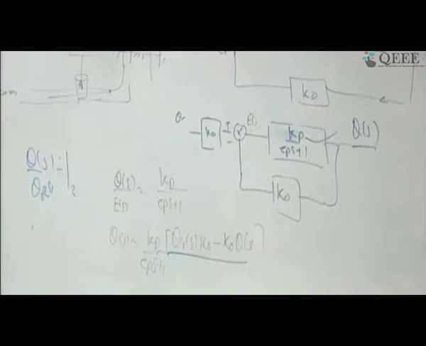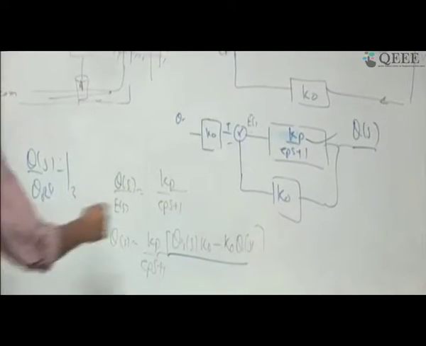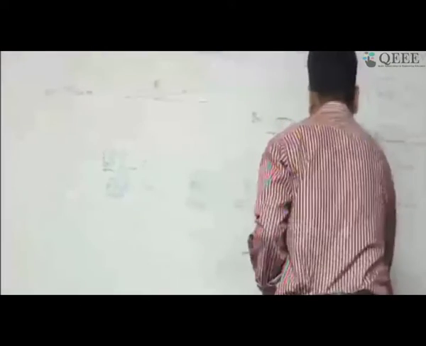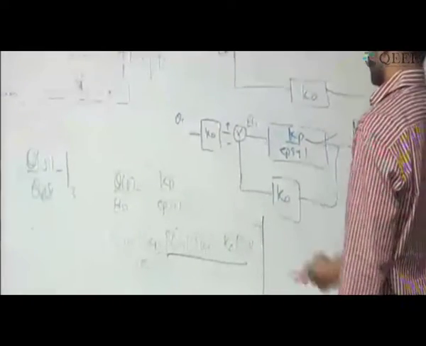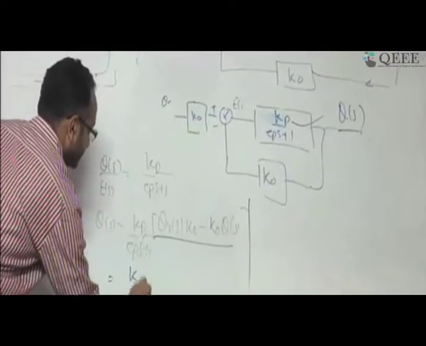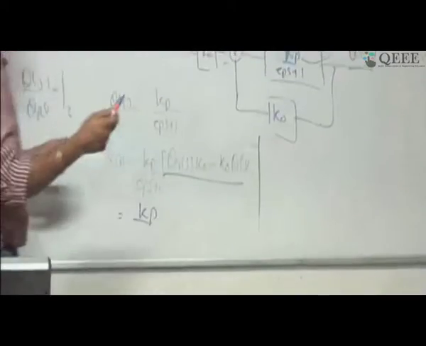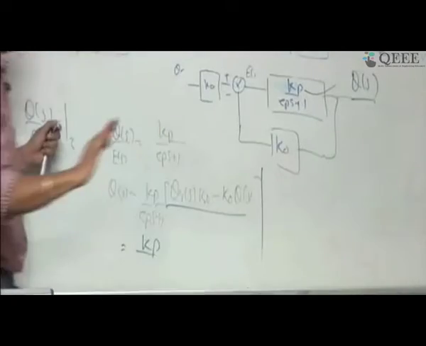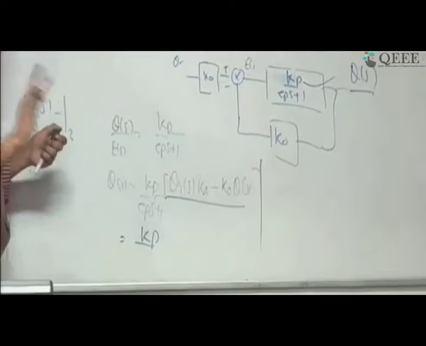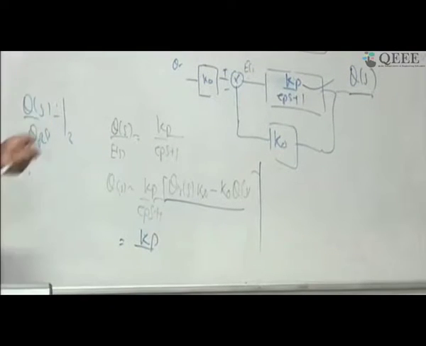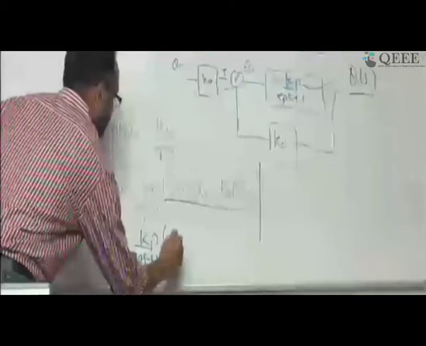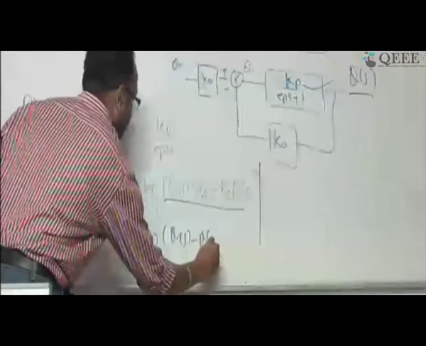Now if you solve it, the theta s by this, let me write it here. If you work it out, this K0 term will come out, and again let me write the entire thing as Kp, because Kp into K0 and all these things are fixed. We are varying only the proportionality constant, the remaining is fixed. That's why I have written only Kp again, so that you do not get confused with this part. And this is going to be tau p s plus 1 times theta rs minus theta s.